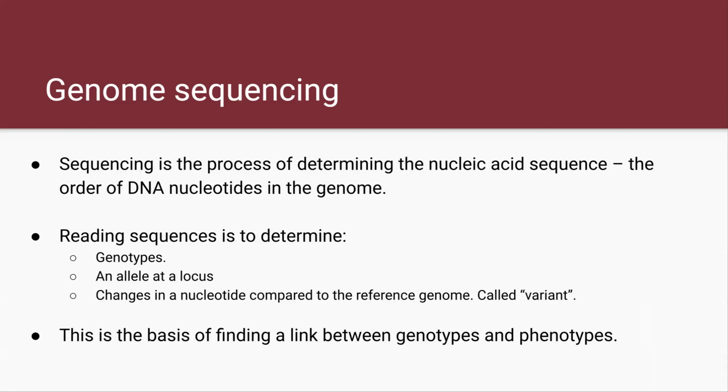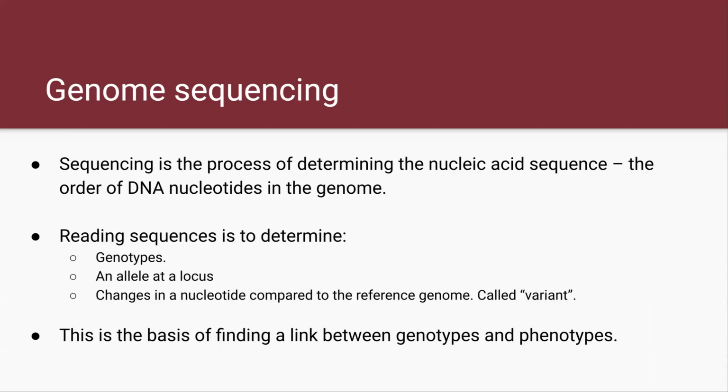But in a different context, we can also determine the nucleotide sequence in an RNA genome, like a virus, or RNA expression. That also uses genome sequencing. So genome sequencing is basically getting to know the nucleotide sequence, whether DNA or RNA, in our genome. And basically, this is the activity of reading sequence, right?